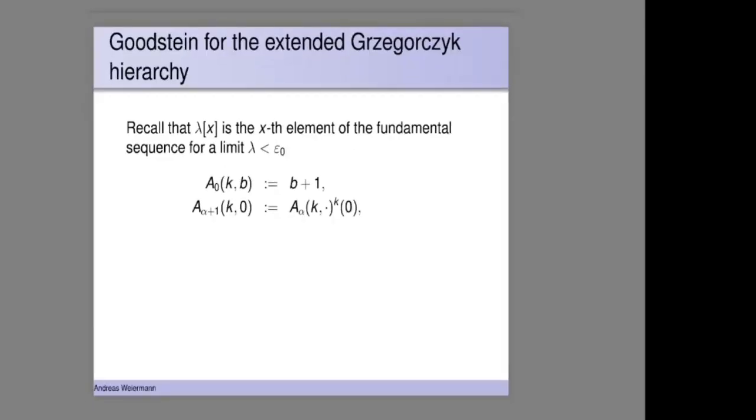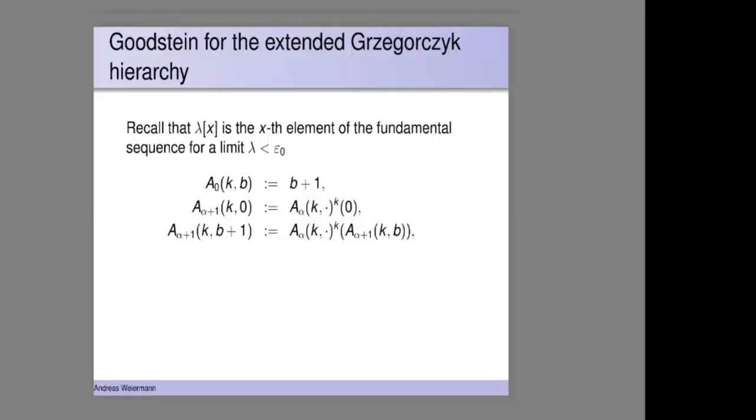Now if I have an ordinal index which is a successor, a alpha plus 1 of k0 is just defined as before. It's a alpha, k times iterated applied to 0. And a alpha plus 1 of k and b plus 1 is defined as before.